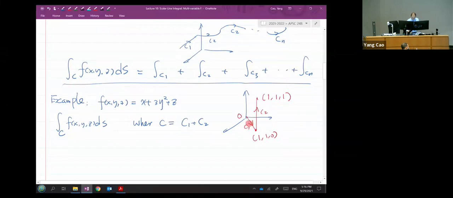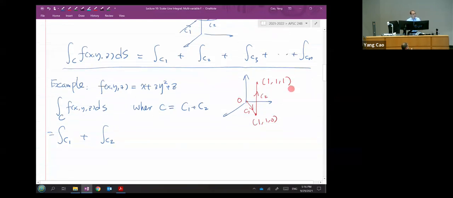Okay. So as it clearly says, because C is C1 plus C2, what you need to do is calculate two line integrals. One is over C1 and the other is over C2, and then you add them together. Okay, so for this kind of question, this is another time I'd emphasize you've got to be able to write down the parametric equation for simple curves like this.